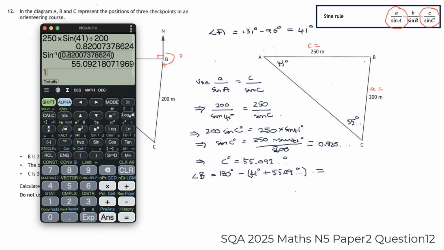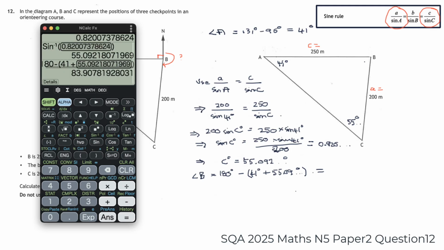So we get 180 and we'll subtract, and in brackets we'll put 41 plus the answer that we previously had, that's this 55.09. So I press the ANS key, close my brackets. That gives me 83.9, so 83.90, etc. So up here I can write in 83.9.